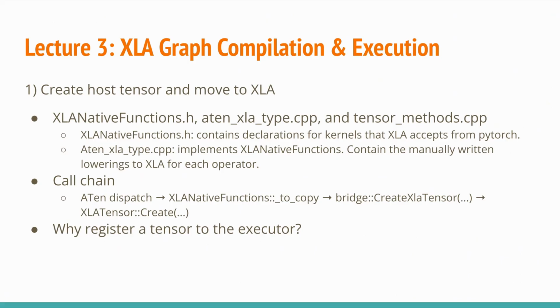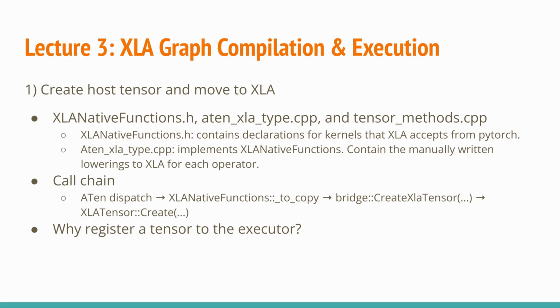The process that I just showed in the sequence diagram involves some concepts that I didn't introduce in the overview section. Let me briefly introduce them now. So first are the XLA native function header file, the a10xla type.cpp file, as well as the tensor method.cpp file. The XLA native function header file and the a10xla type.cpp file are the entry points of PyTorch to the PyTorch XLA world.